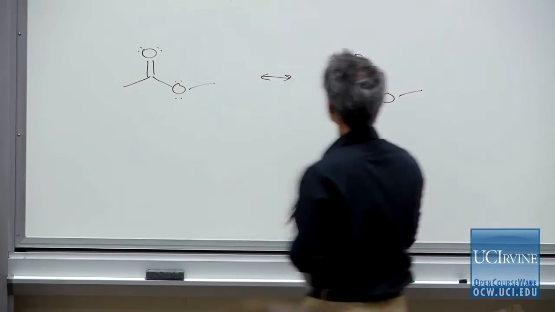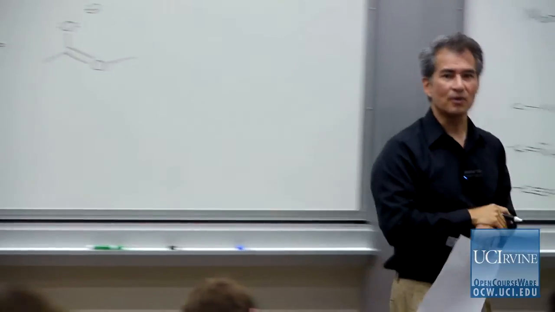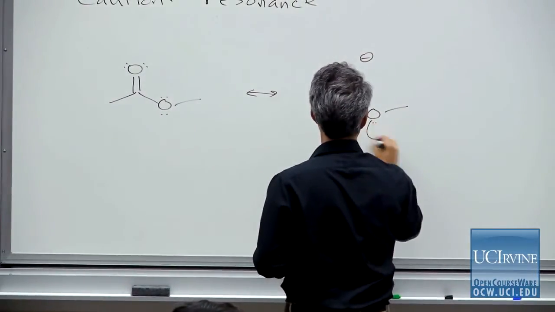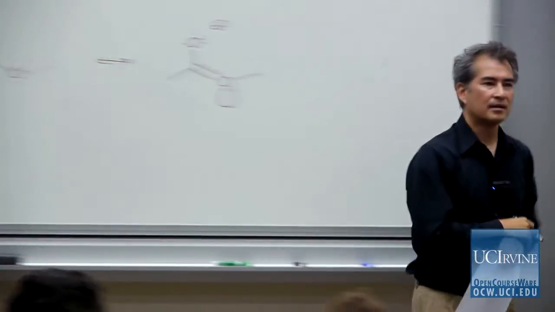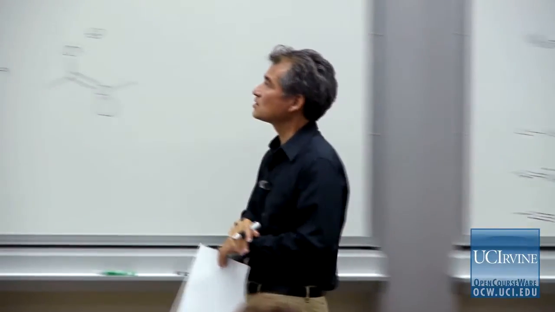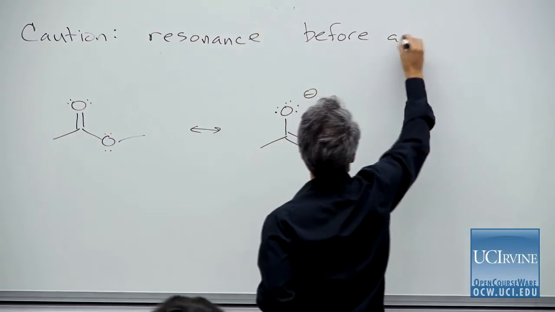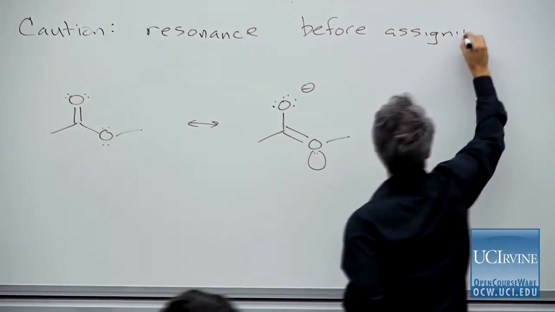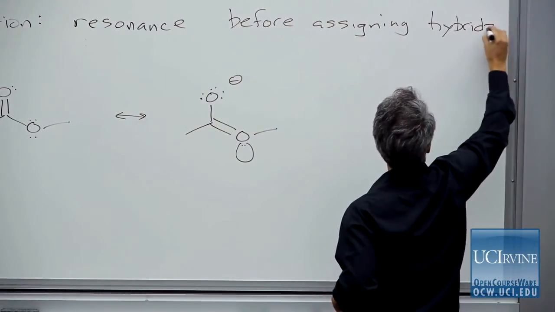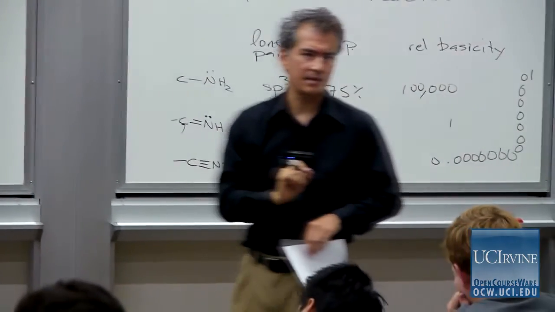Once we draw a resonance structure for this, we realize that these lone pairs up here are not really sp2. And this lone pair that I've got drawn at the bottom is not sp3. You can't think about the hybridization of these atoms until you've drawn the resonance structure. So you have to incorporate resonance before you assign the hybridization to something.